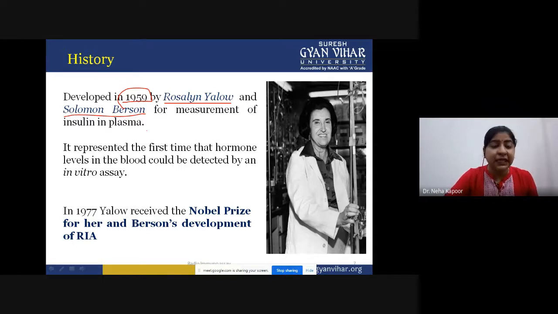They developed this technique for the detection of a hormone, insulin, in the blood plasma. This was the first time that a hormone level in the body was detected by an in vitro assay, showing how much is present in our blood. And for developing this technique, these two scientists were even awarded the Nobel Prize in the year 1977.